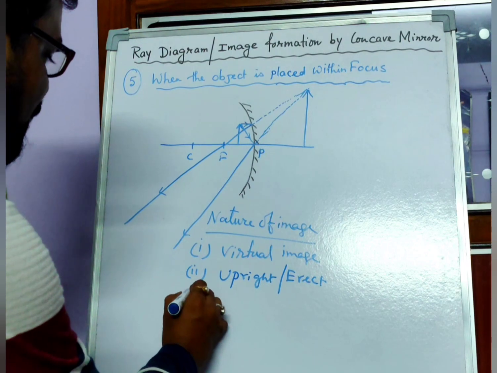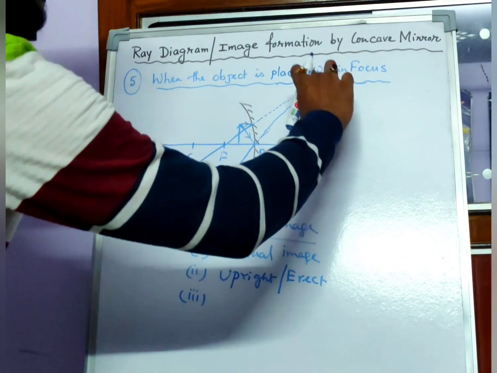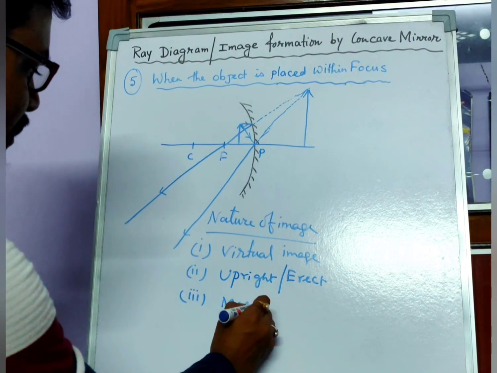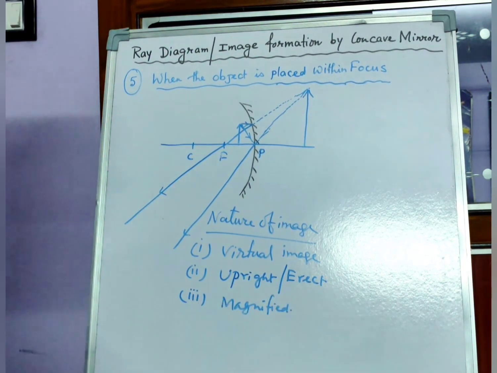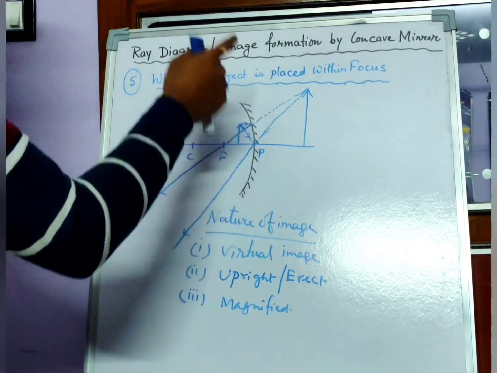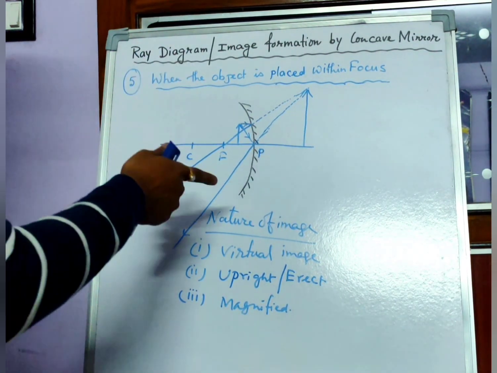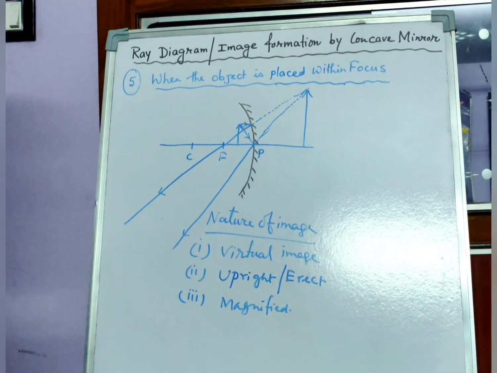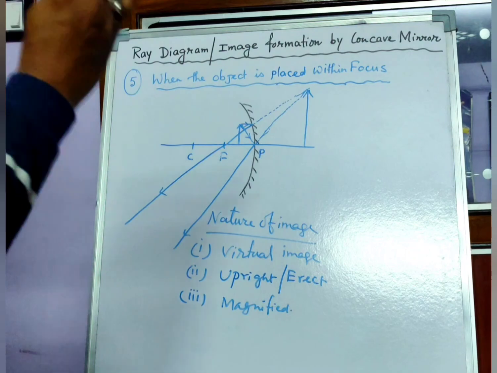And third, the image is bigger than the object, that's why it is also magnified. So this is the only case in a concave mirror where the image is virtual and erect. Otherwise, in the other four cases, the image is real and inverted.